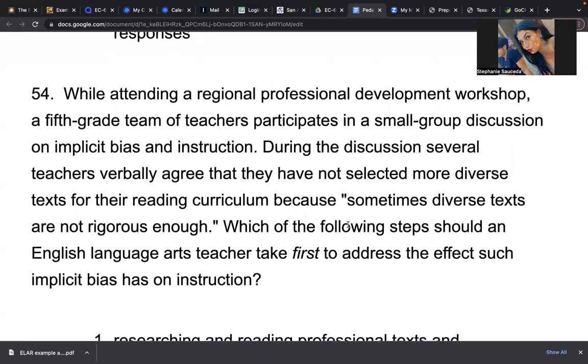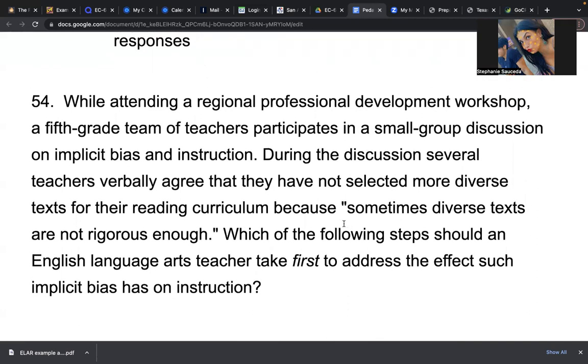Okay. So, while attending a regional professional development workshop, a 5th grade team of teachers participates in a small group discussion on implicit bias and instruction. During the discussion, several teachers verbally agree that they have not selected more diverse texts for their reading curriculum because sometimes diverse texts are not rigorous enough.